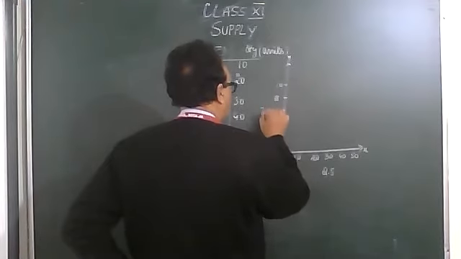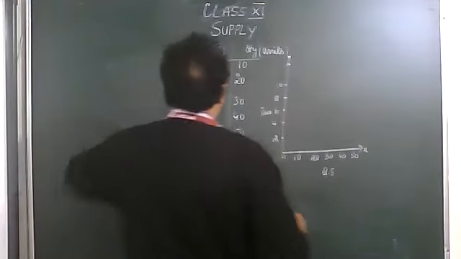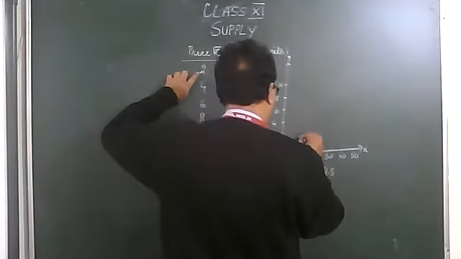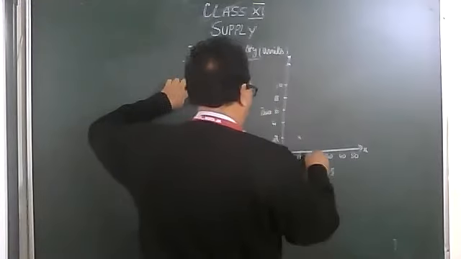We plot it. When the price is 2, the quantity supplied is 10.